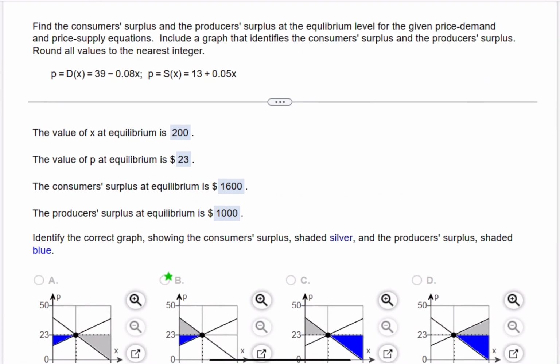Here we have find consumer surplus and producer surplus at equilibrium level. Now you might ask, Miss, what's a producer surplus? Let's talk about the recent egg demand. The eggs were in so much demand. You go to Costco, you go to Kroger, they put a limit on the amount of eggs you can buy.